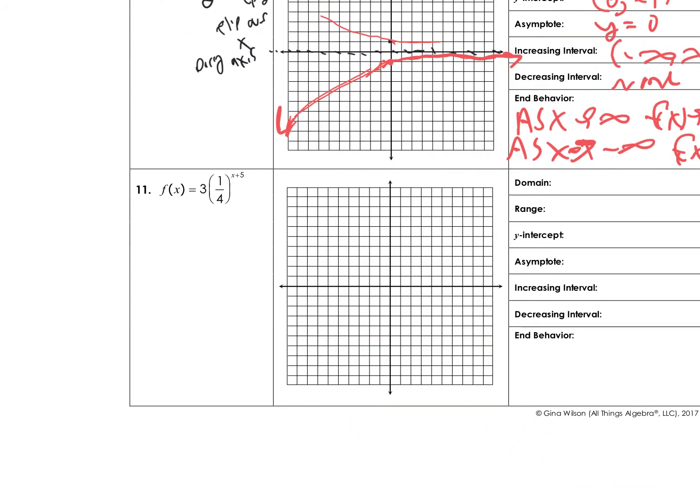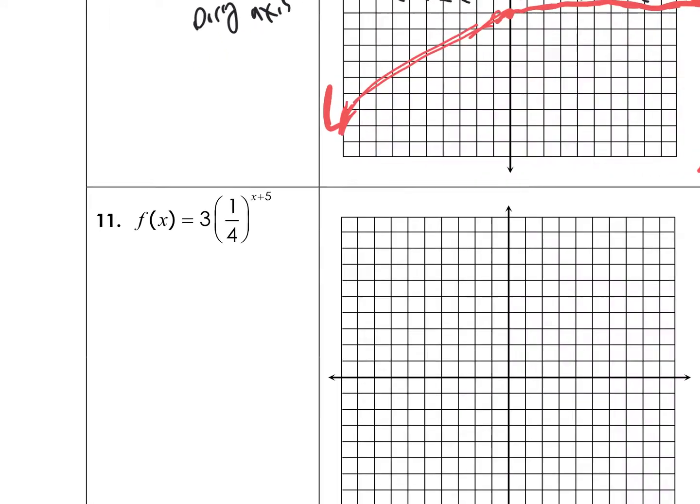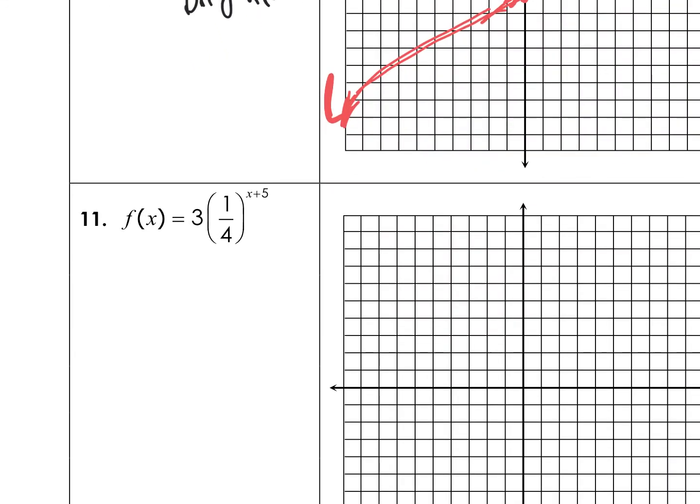Oh, one more. Let's see. Okay, it's a decay because the parent function is y equals (1/4) to the x, so it's a decay.